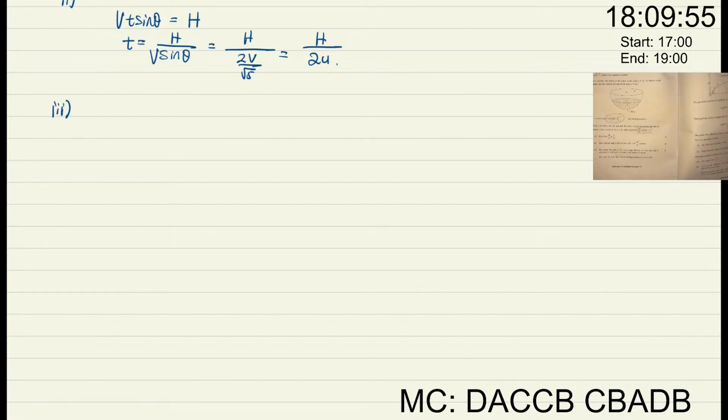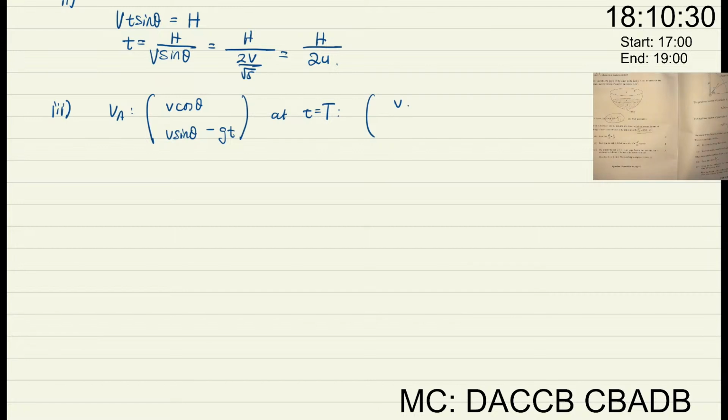So, show that h equals 2u squared on g. Let's just write out all the velocity vectors. I feel like it's time to actually just turn all the thetas into what they told us.